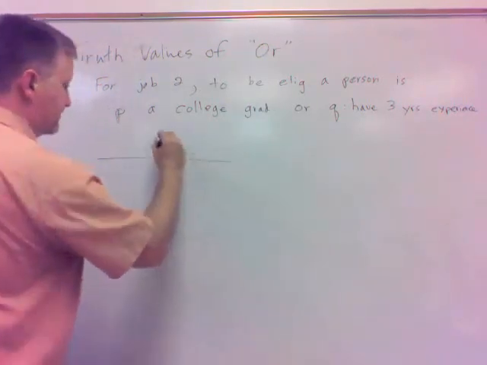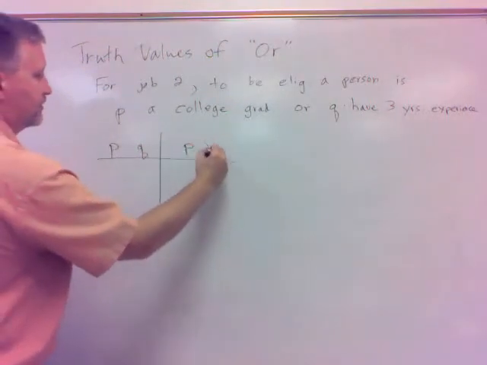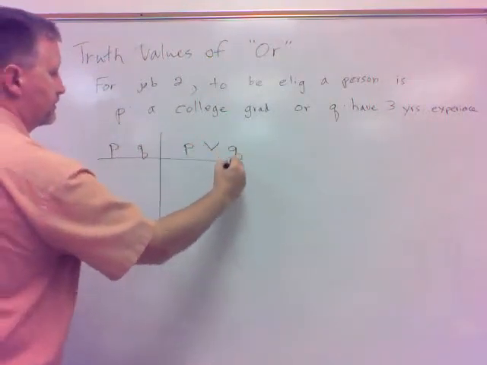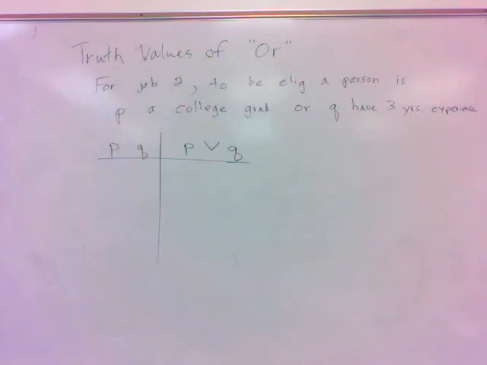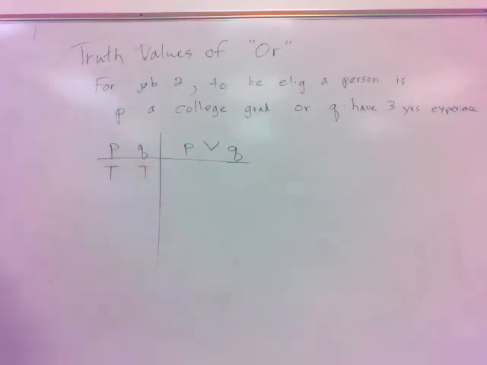Okay, so let's go through the scenarios like we did with the and statement. Again, it's the V shape for or. All right, so let's go in the same order. Person number 1 comes in. Hey, they're a college graduate and they have 3 years experience. Are they eligible? They are eligible, aren't they?